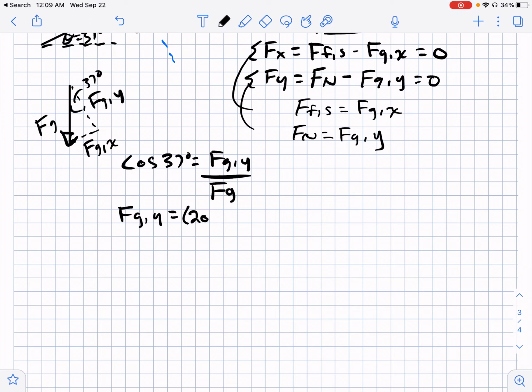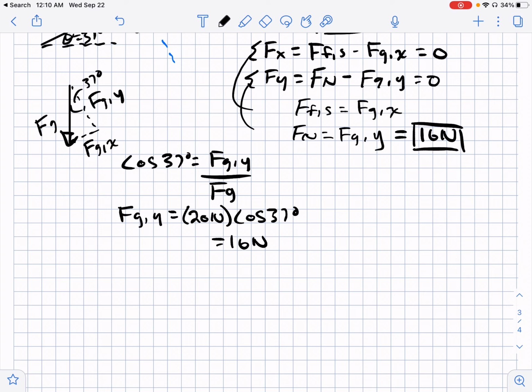So 20 newtons times cosine 37 degrees. And if you punch that in, you should end up with 16 newtons. So the y component is equal to the normal force, which is equal to 16 newtons.